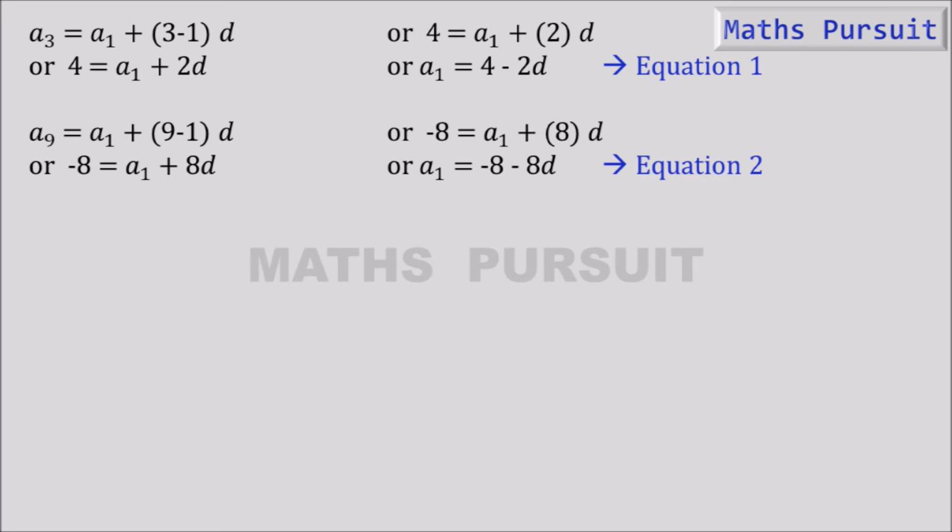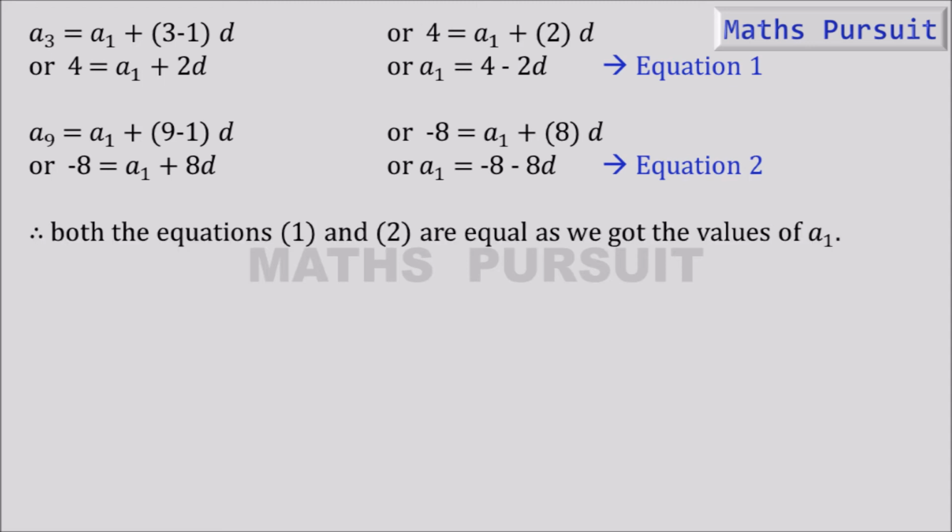Now guys, we could see that from equation 1 we got one value for A1, and from equation 2 we got another expression for A1. So definitely the A1 value would be the same at the end of the day. So we could say that both equations 1 and 2 are equal, as we got the values of A1.